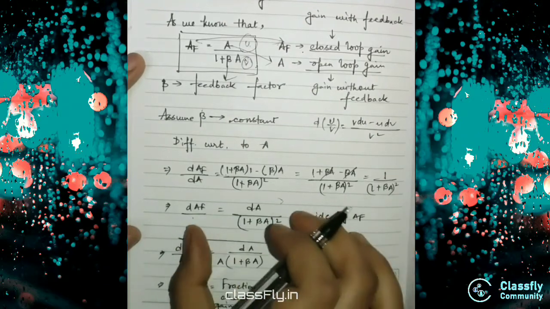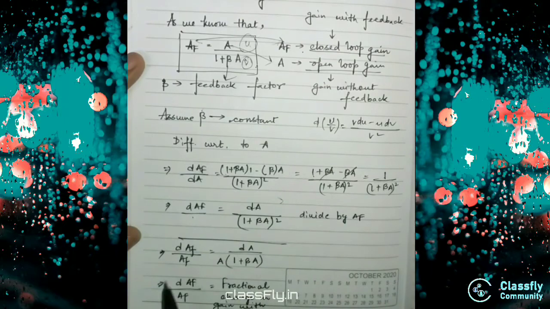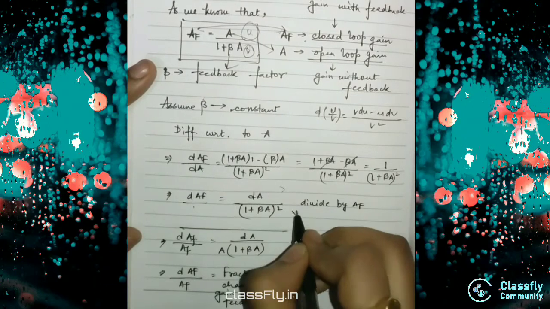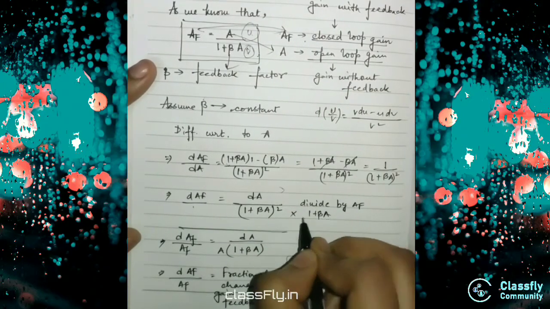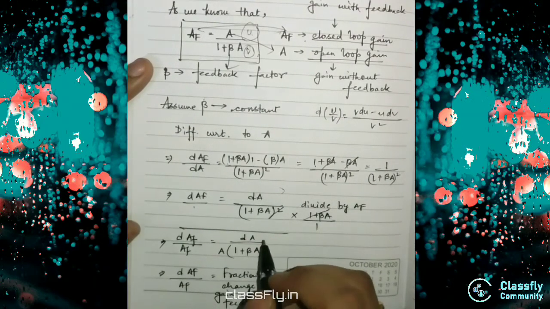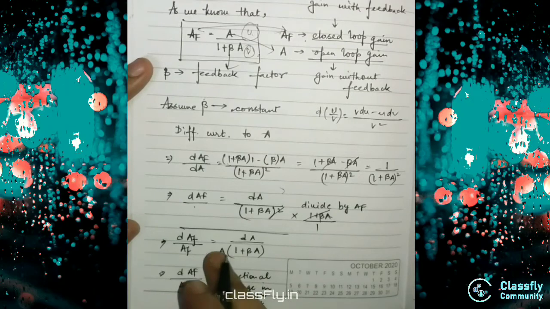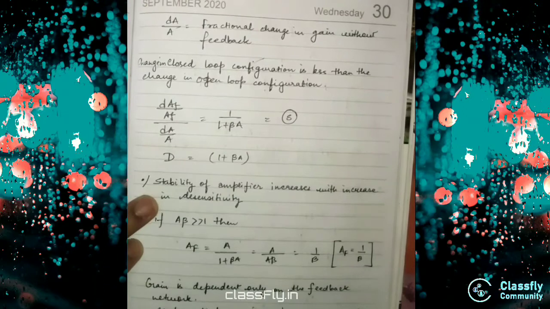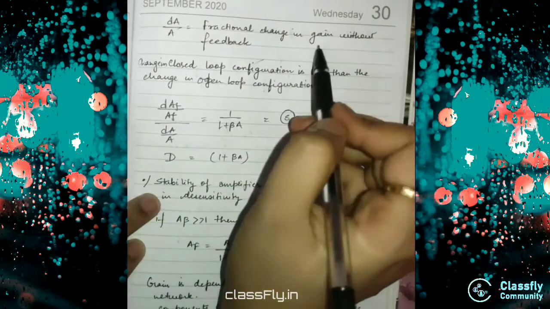Now we will divide this equation with this equation. When we divide, 1 plus beta A by 1 happens, so this gets cut, and we are left with dAF by AF is equal to dA by A times 1 by 1 plus beta A. Now dAF by AF is the fractional change in gain with feedback, that means the fractional change in closed loop gain, whereas dA by A is the fractional change in gain without feedback.